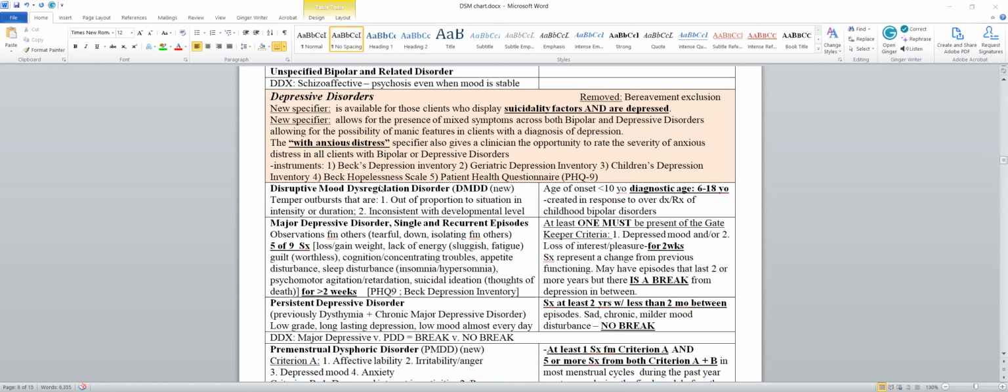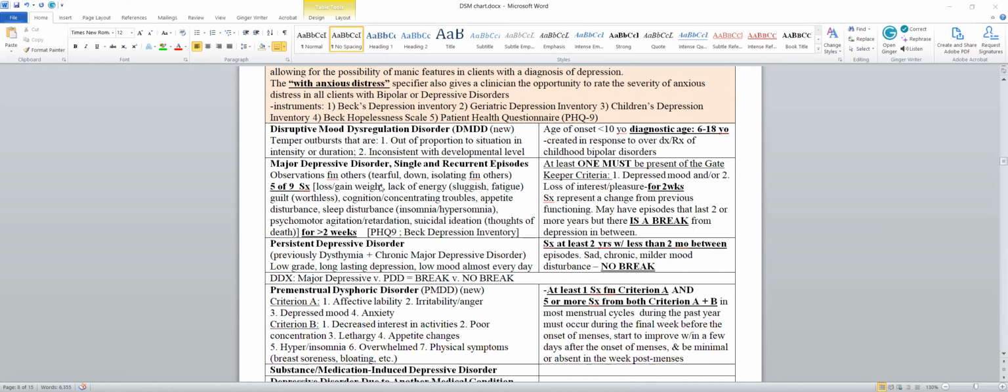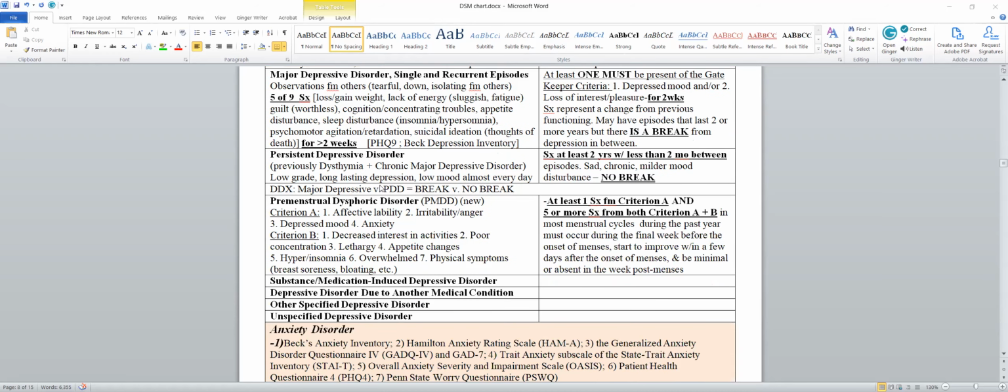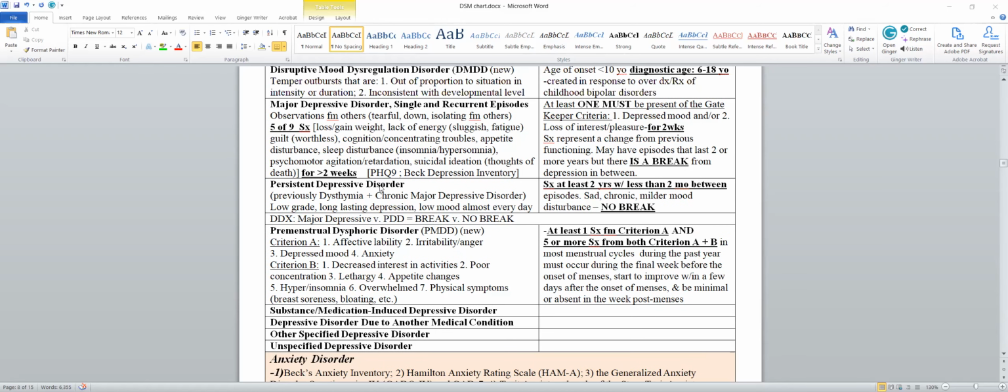The subcategories under depressive disorders include disruptive mood dysregulation disorder, which is new, major depressive disorder, single and recurrent episodes, persistent depressive disorder, premenstrual dysphoric disorder, which is new, substance/medication-induced depressive disorder, depressive disorder due to another medical condition, other specified depressive disorder, and unspecified depressive disorder.